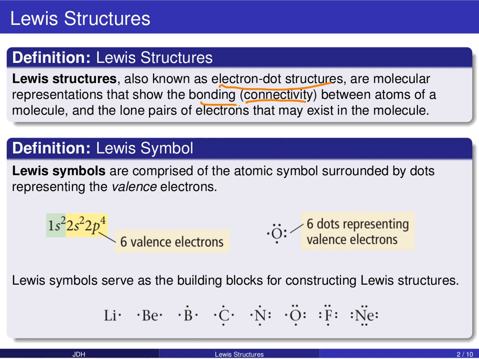In addition, Lewis structures also give us an idea of where, if any, lone pairs of electrons reside. So this is our first step moving beyond a molecular formula, which gives us the types of atoms present in a molecule. Now we're actually going to be able to talk about how those atoms are bonded or connected to one another.